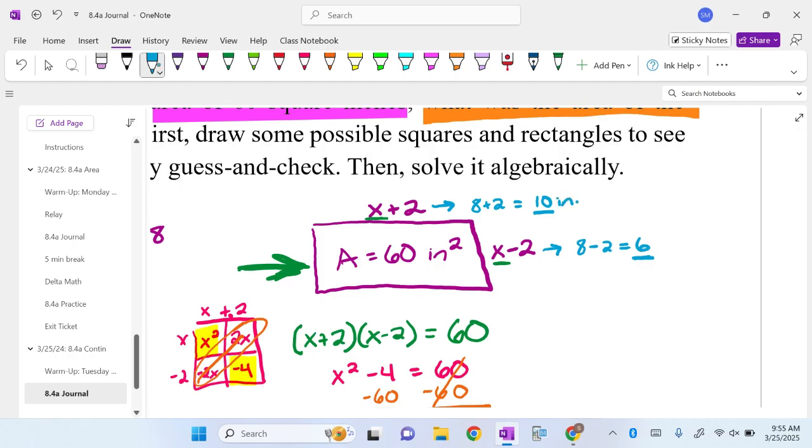And let me ask you guys this. Is it true that 10 times 6 gives you 60? Yes. So in other words, it matches what the area is supposed to be as well. It makes sense in terms of the problem. All right.